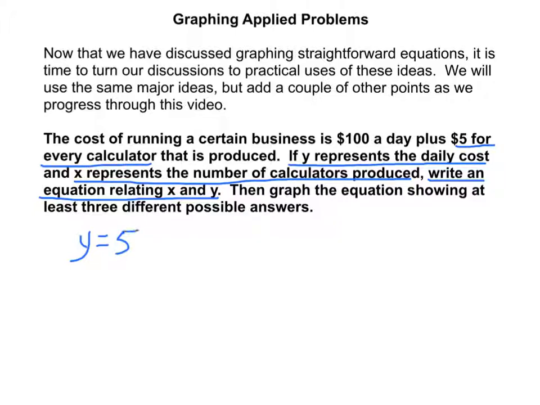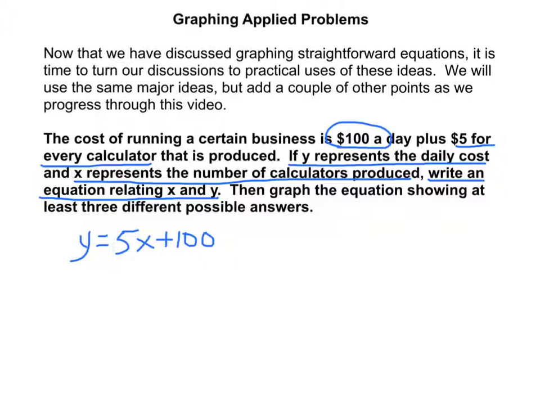So it would be $5 times every calculator that is produced, plus another $100 just for opening up. So an equation relating X to Y could be written Y equals 5X plus 100.